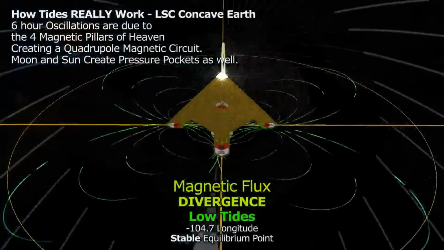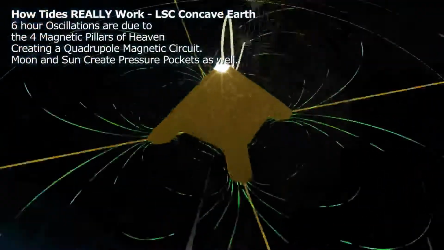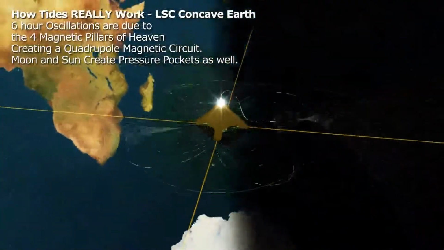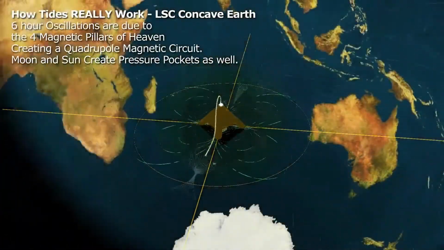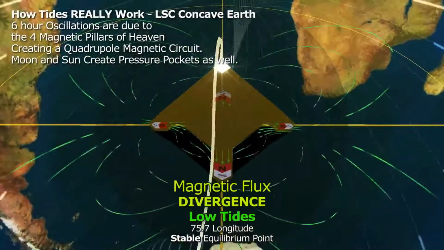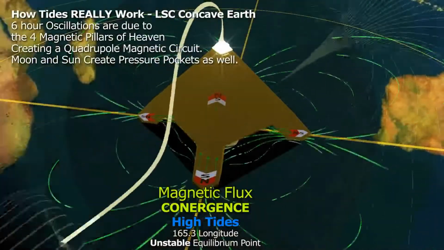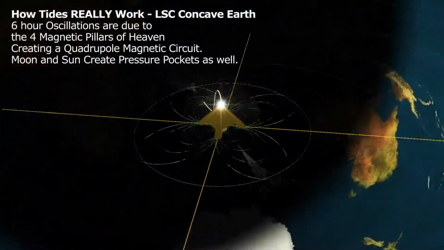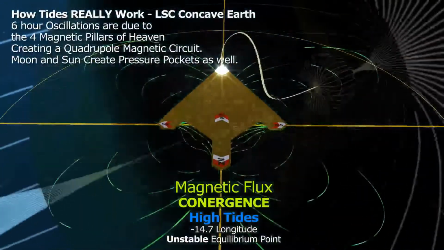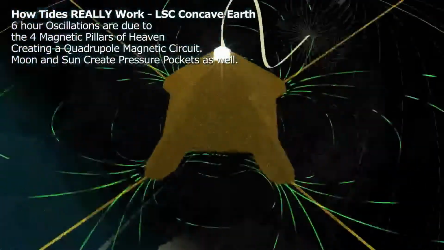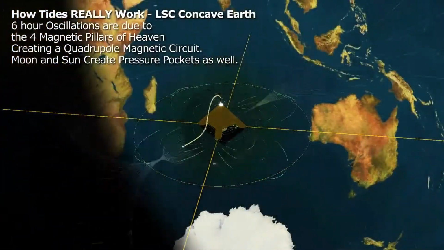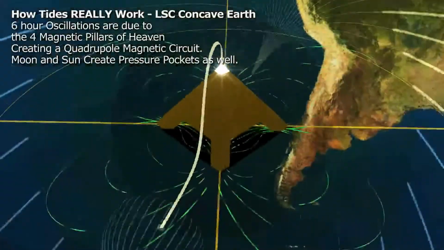And so basically what you see there, going one at a time here: magnetic flux divergence, convergence, divergence, convergence. Let's do it again. I'll help you see where I made those. I created those lines of force. They're giving you direction lines basically. And so the convergence corner or pillar is going to actually create a higher tide in the ocean, because the pressure or the magnetic flux is pulling inward toward the center.